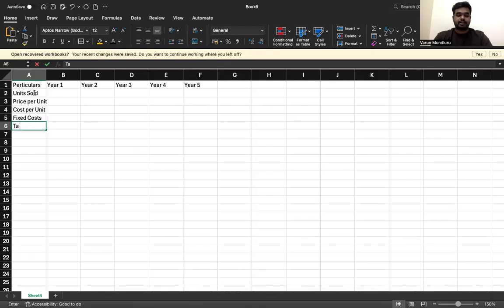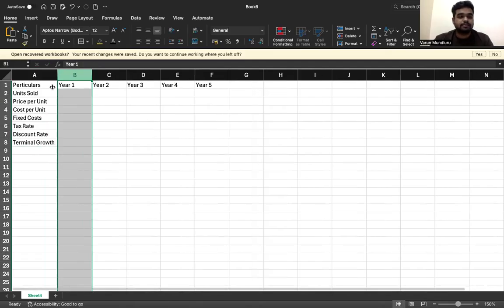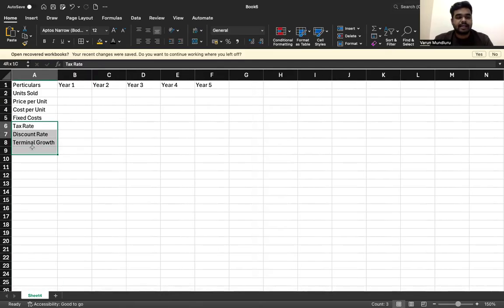We'll also take tax rate, discount rate, and terminal growth. These three, tax rate, discount rate, and terminal growth, are something that we will use while calculating free cash flows and doing the DCF method.